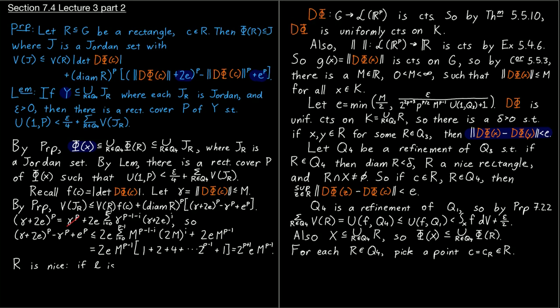If L is the length of the shortest side, then the diameter of R is the length of the diagonal of R. Let me draw you a little picture here. So here's a rectangle in 3 dimensions, a box.